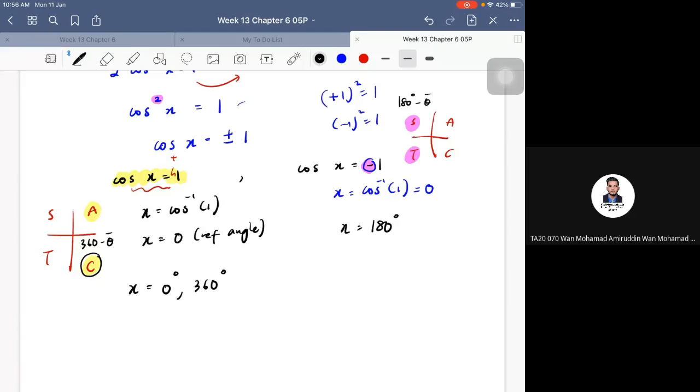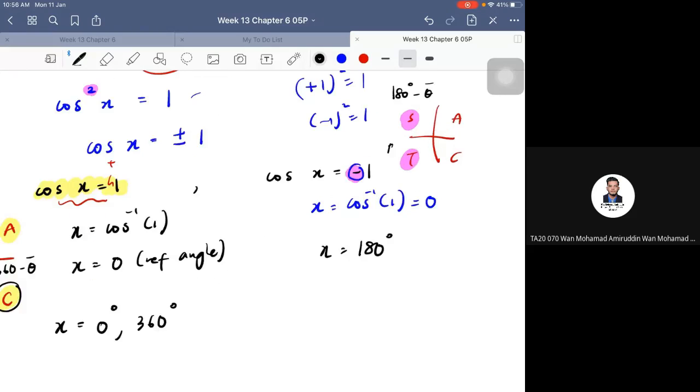And kalau dia dalam third quadrant, so kita akan ambil 180 tambah reference angle. So dia akan jadi sama lah, sebab 180 tambah kosong pun dia akan jadi 180. And sama juga macam tadi, so kalau you nak check betul ke tak, you masuk kat sini, ganti kat sini, cos 180 betul ke tak you dapat nilai negatif 1. So that is way to check your answer.